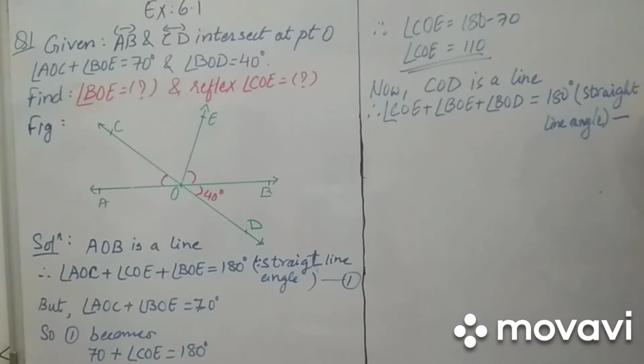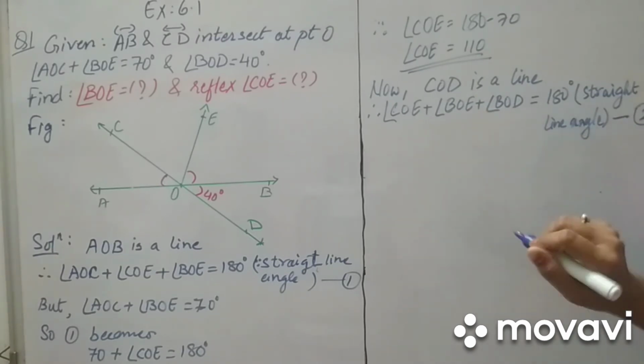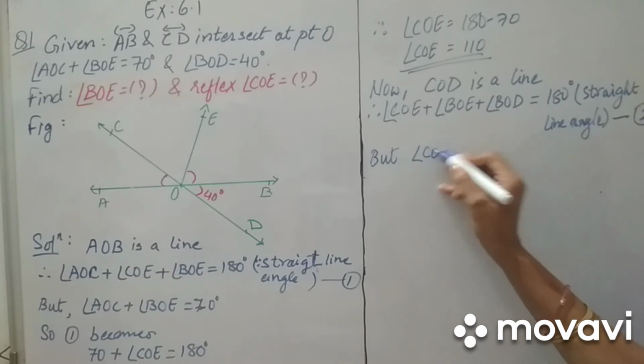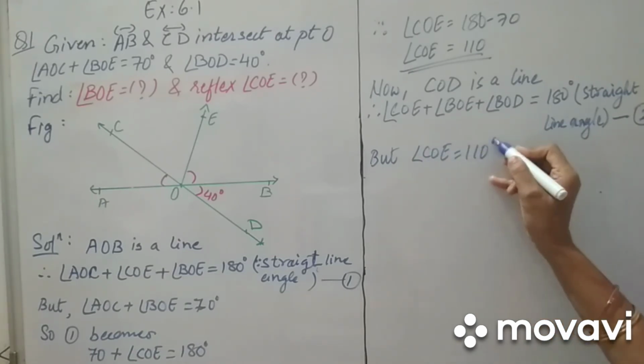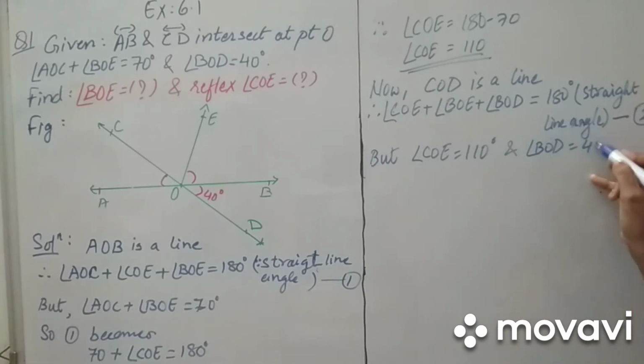Name it as second. We have the values of COE and BOD: angle COE is equal to 110 and angle BOD is equal to 40 degrees.